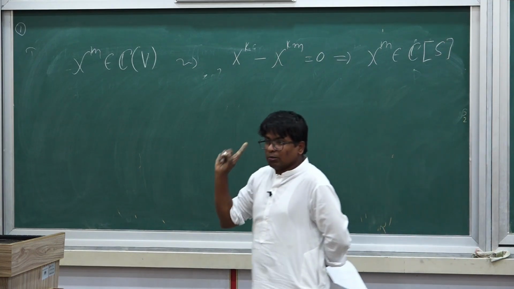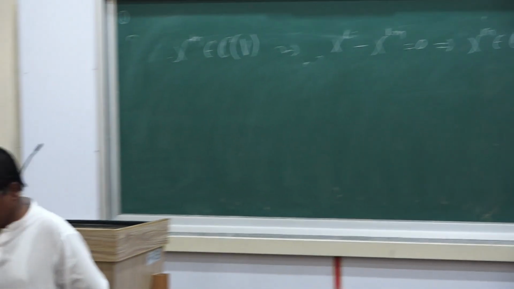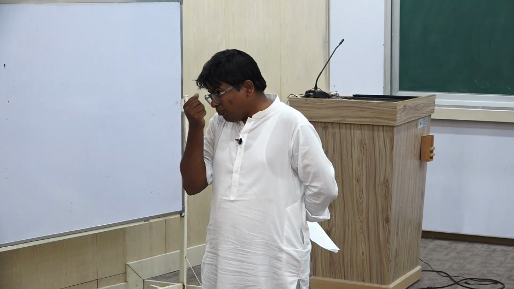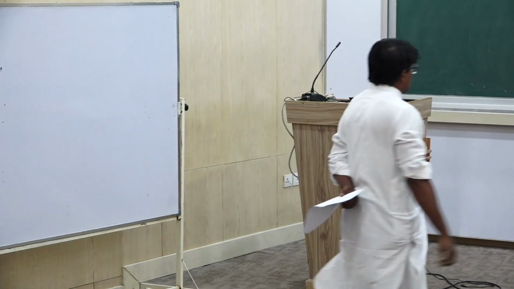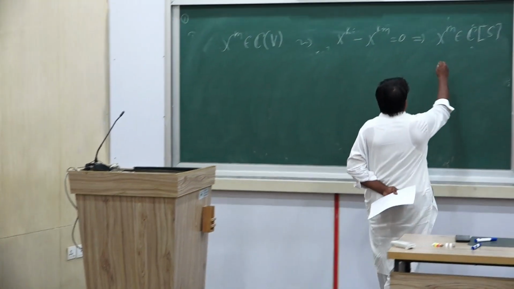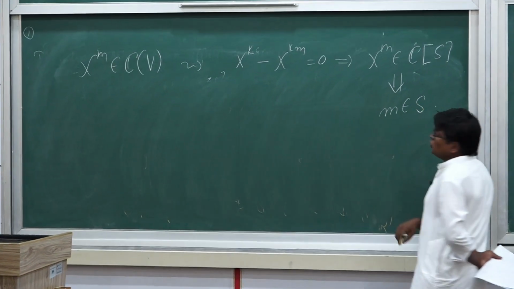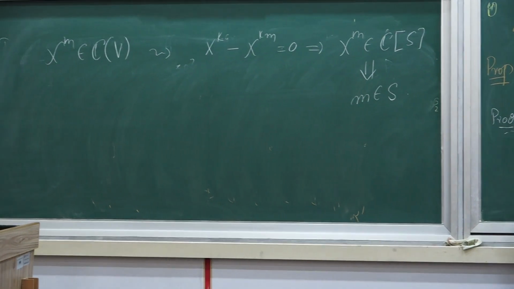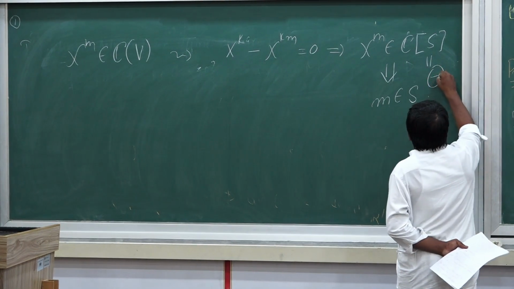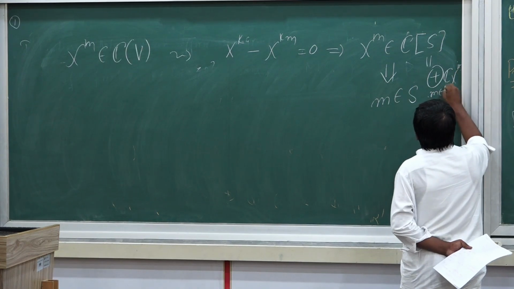Because C of S is normal. So if you have a point in the field of fractions which is a root of some monic polynomial, then that point should also be in your ring C of S. But if this is in your C of S, that would mean that m should belong to S. Okay, because C of S, if you remember, was the span of characters x^m where m belongs to S.